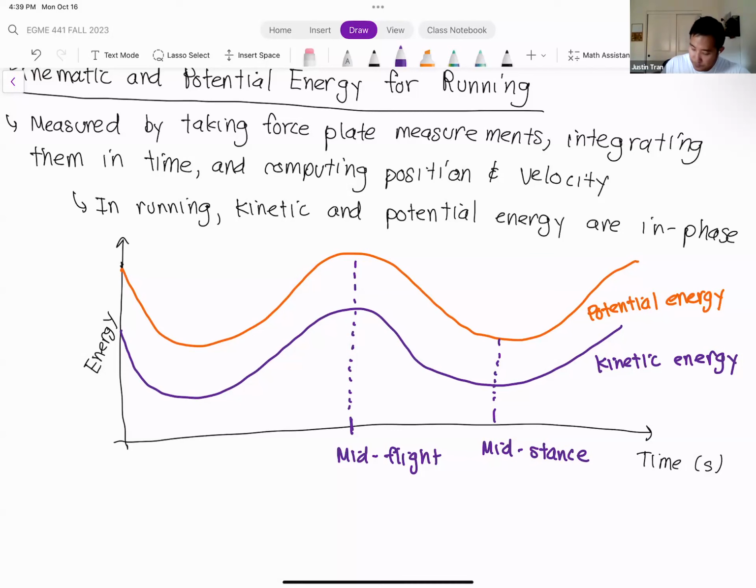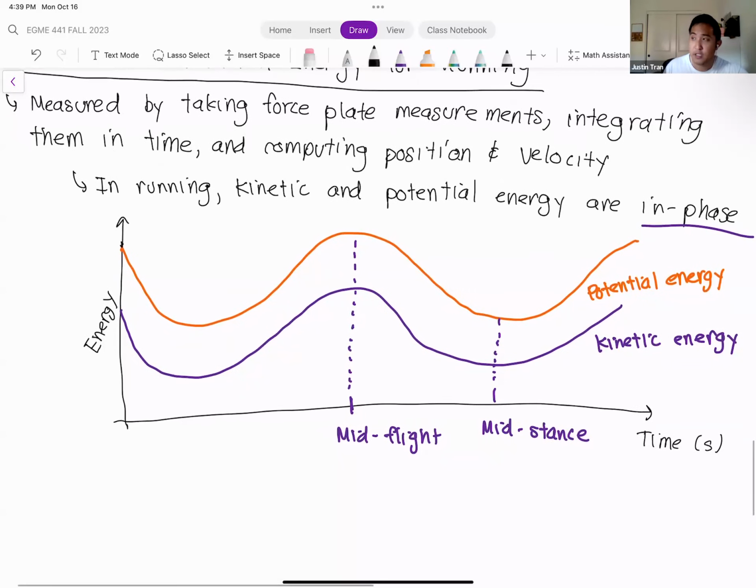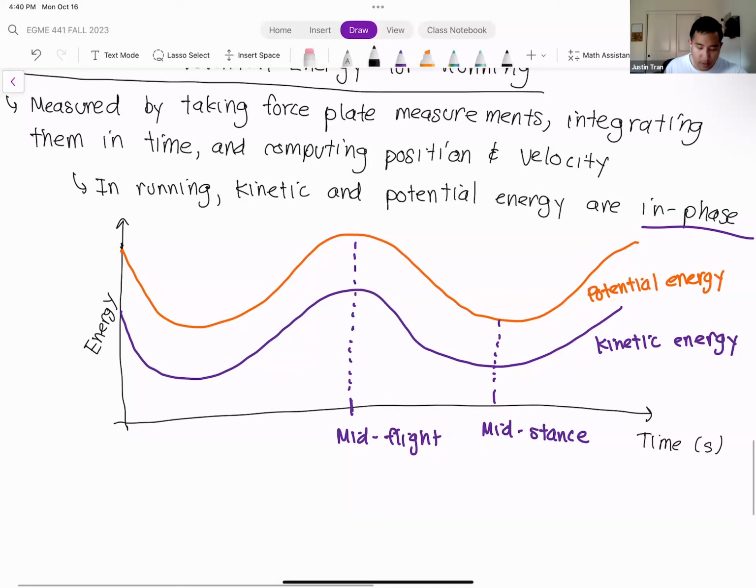Like I mentioned, both of these energies are perfectly in phase with each other. That means we have a very different mechanism for running. The argument that we made during walking was that because the potential and kinetic energy were out of phase, as your body goes through the walking gait and propels yourself forward, one way we could interpret that was as a simple exchange between potential and kinetic energy.